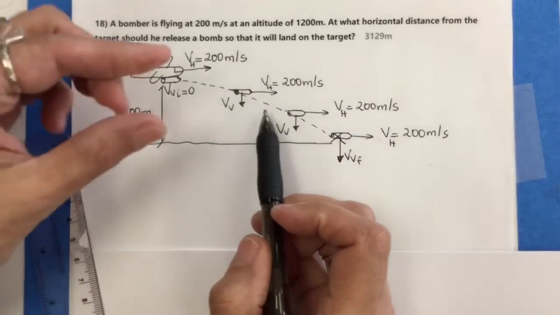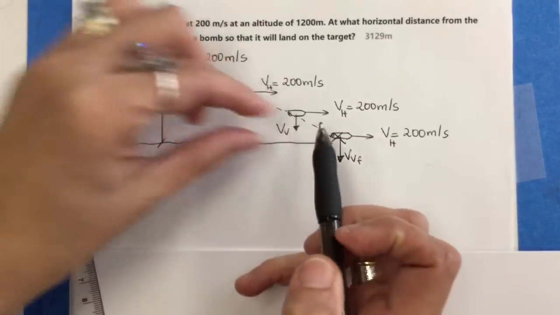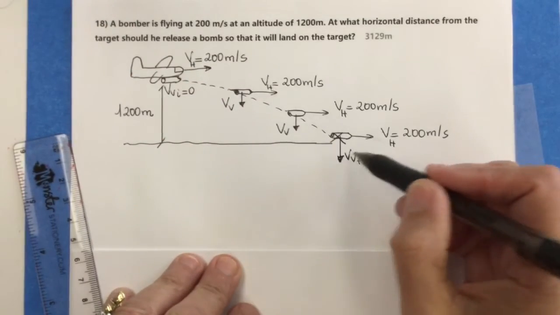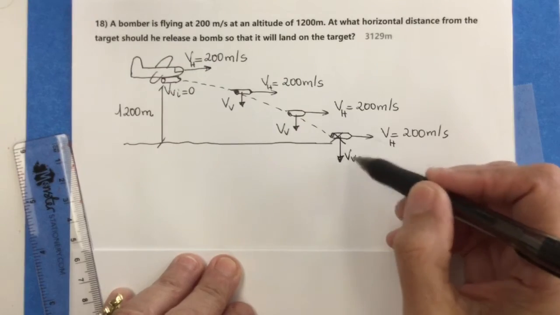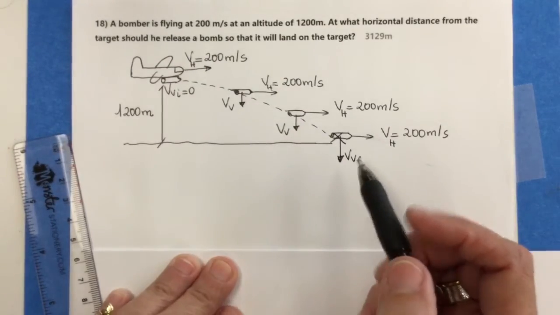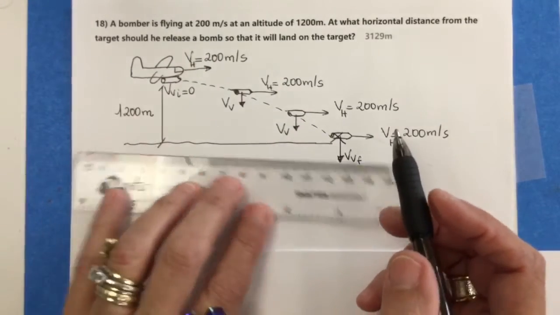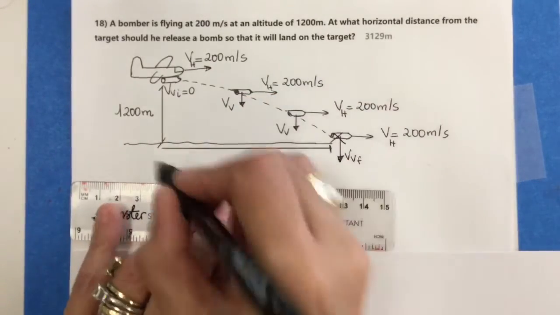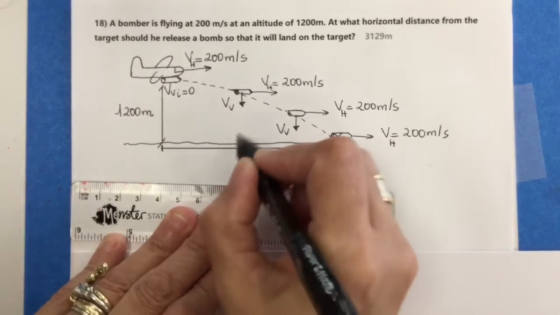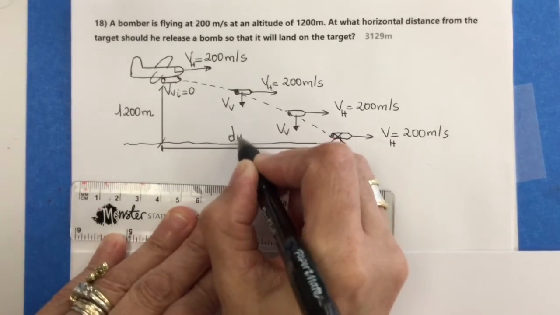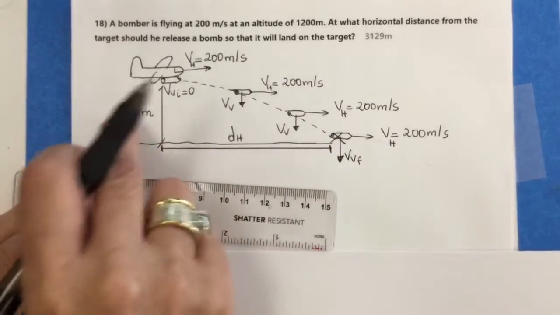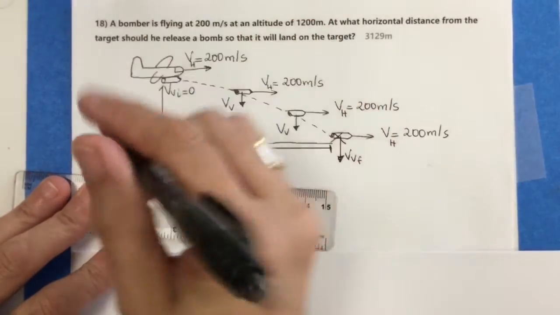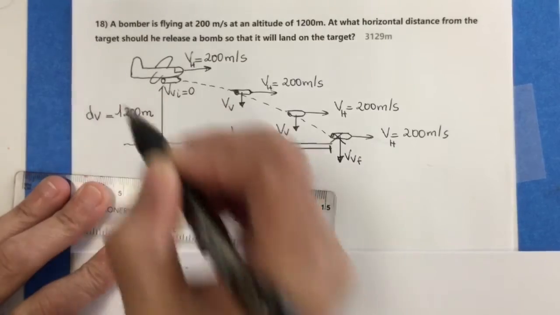The arrow indicates the magnitude of the velocity; it is going to land with a much higher speed than when it was released. The entire problem is asking for the horizontal distance, or DH. Let's identify this height as our vertical distance, DV.